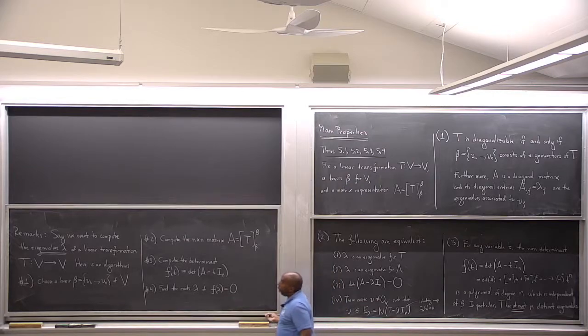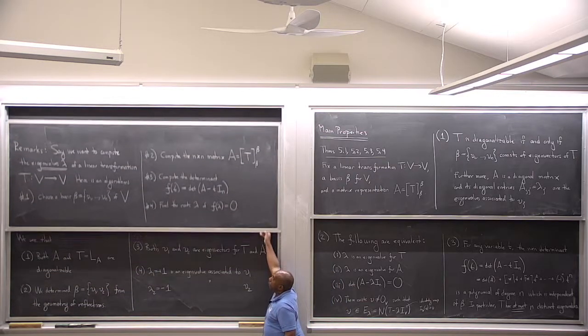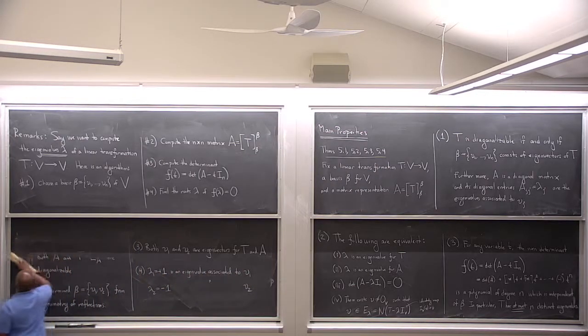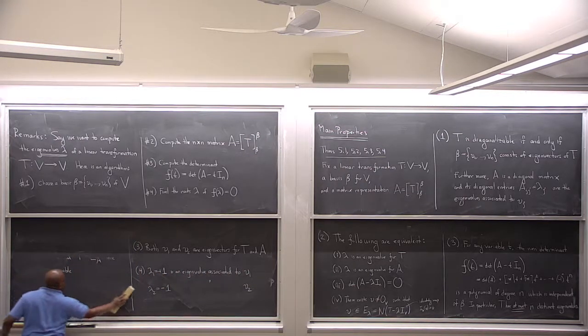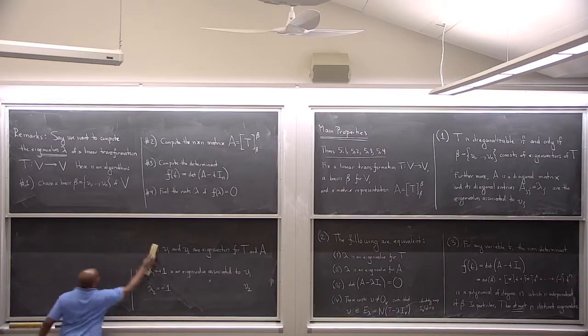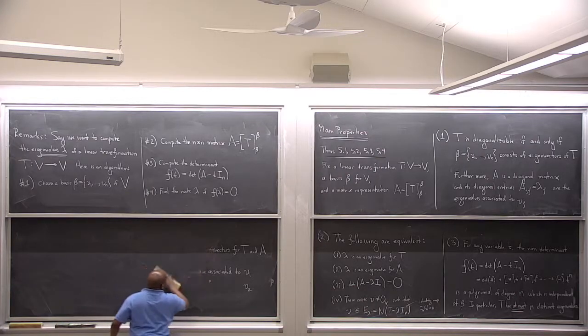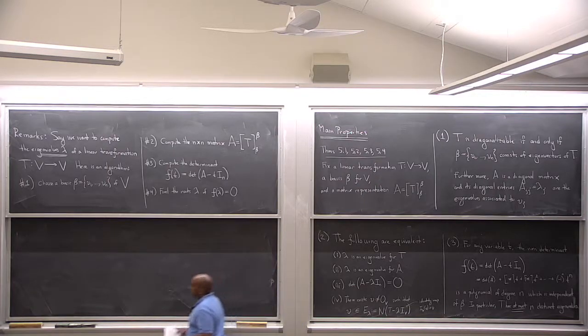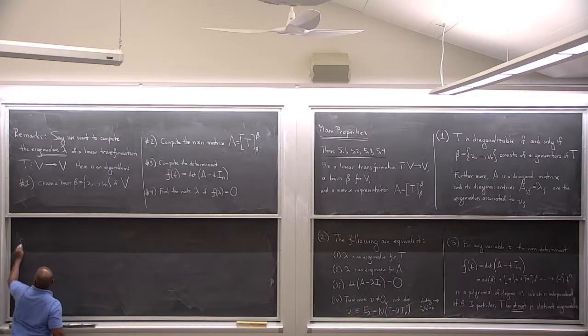Now I want to make a couple more remarks here before I move on. Well, there's a couple of things to notice. First of all, this polynomial f of t really does give you a lot of information. So f of t here, we give a name.